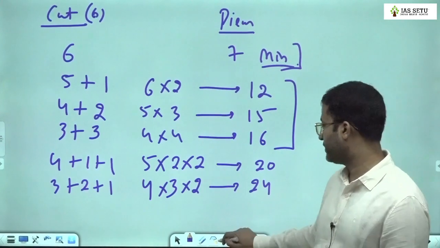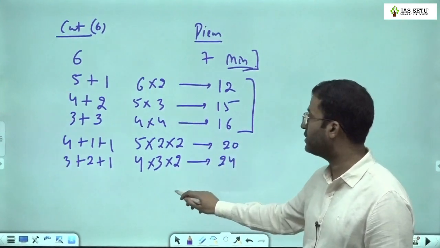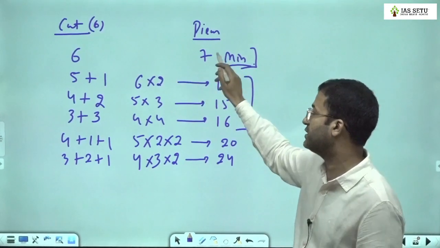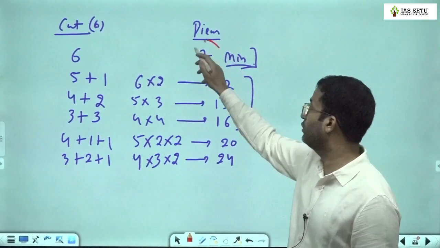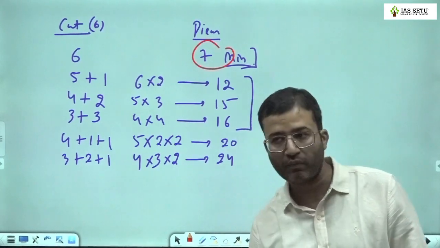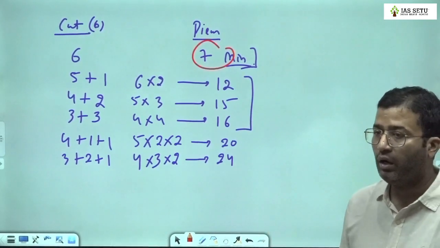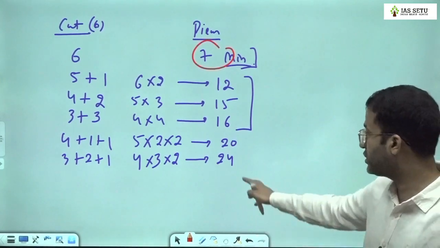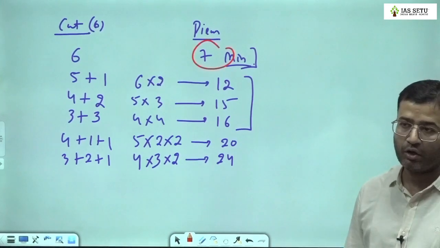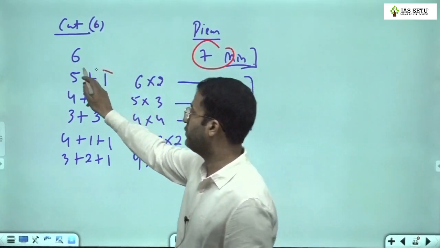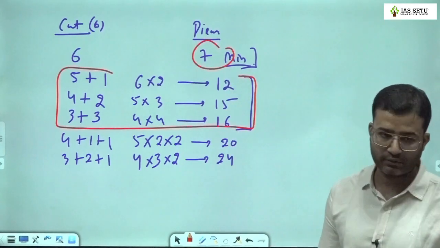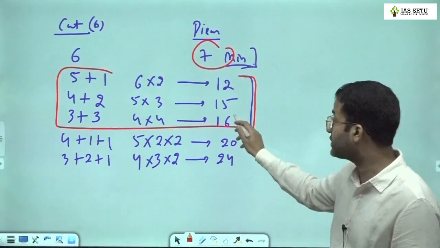Second observation is, if the examiner gives the number of cuts, here the minimum pieces for 6 cuts is 7. And the only way is you have to make all 6 cuts on one axis. This 24 is not the maximum. For 2 axes, you have 12 pieces, 15, 16. For 2 axes, 16 is better.